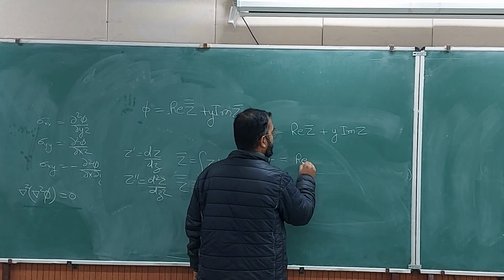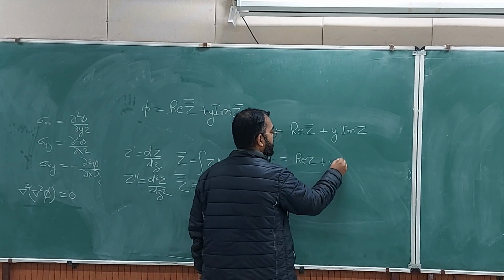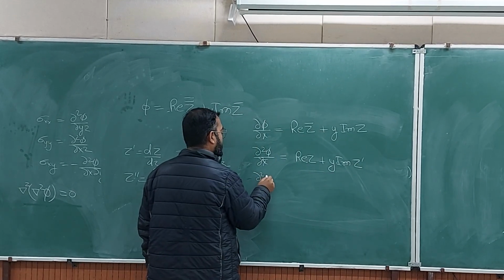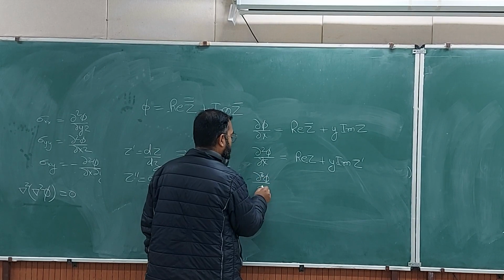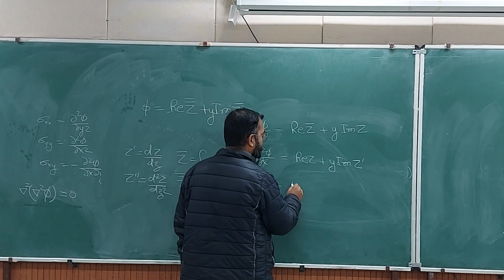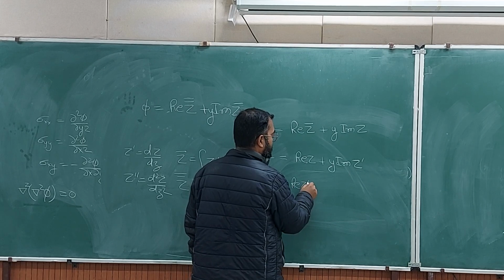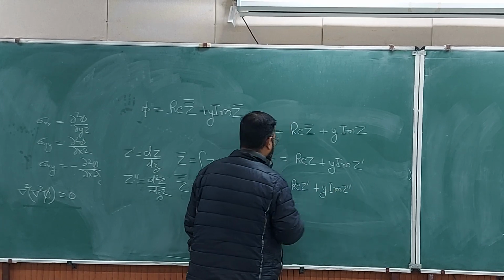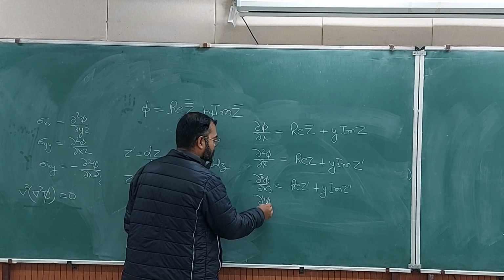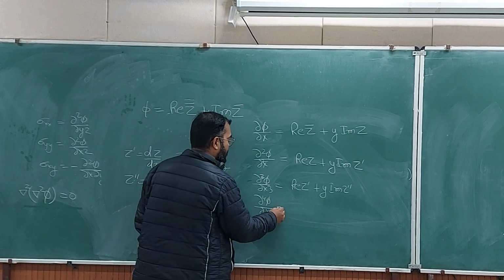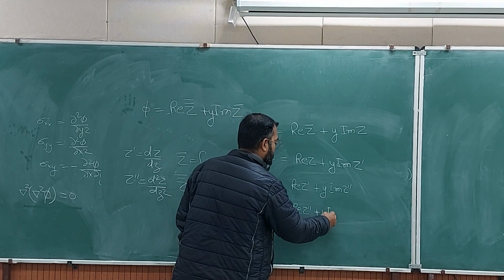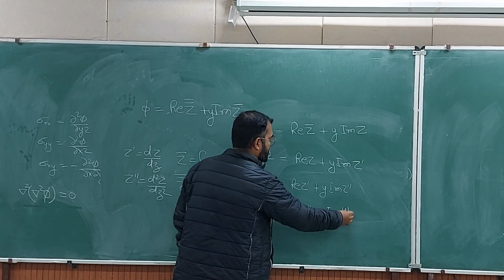So then this will be real part of z plus y into imaginary part of z dash, and then I have del 3 phi by del x cube, and that will be real part of z dash plus y imaginary part of z double dash, and then I found the last term, which is real part of z double dash plus y imaginary part of z triple dash.